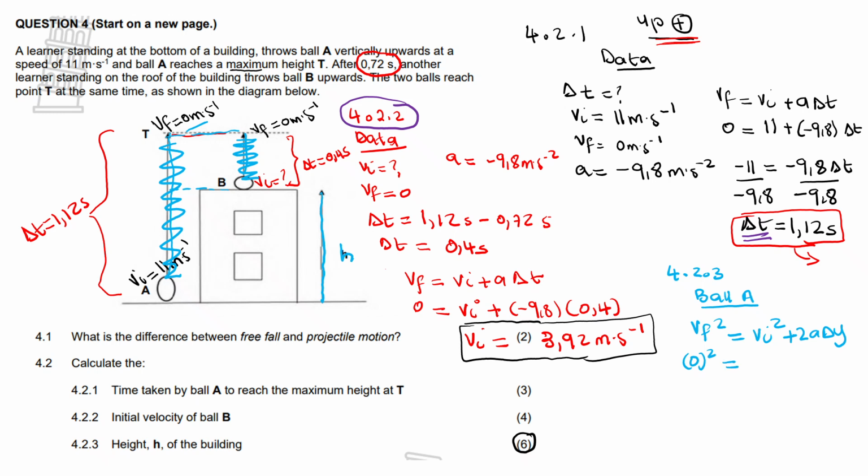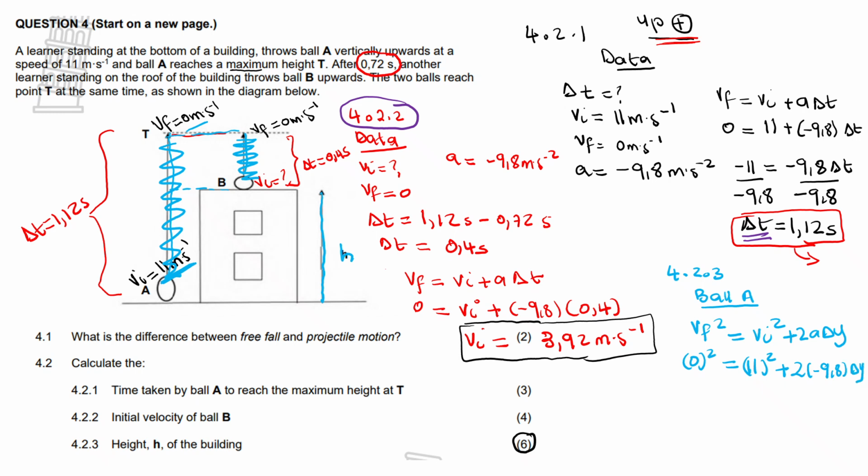It's equal to V initial. It was given as 11 meters per second, if you still remember. So this will be 11 squared plus 2 into, remember the acceleration. The acceleration is going down, which will give us negative 9.8. We still have delta y.